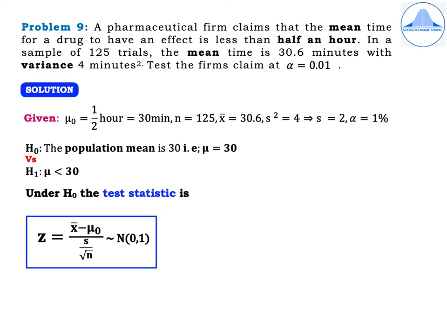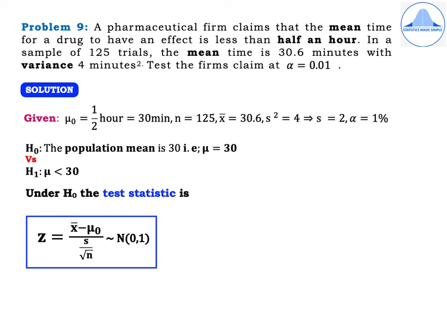Then we have n is equal to 125 and the mean time of the sample is 30.6 minutes with variance 4 minutes square, means that x bar is equal to 30.6 and s square is equal to 4, which implies that s is equal to 2 and alpha is equal to 1%.